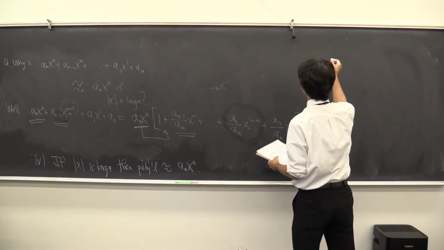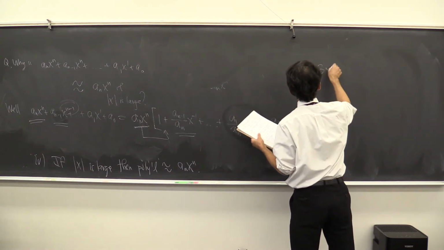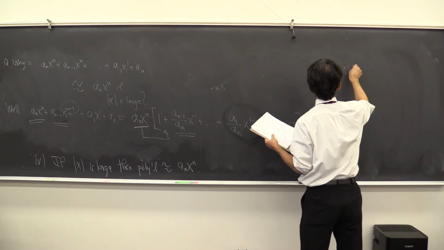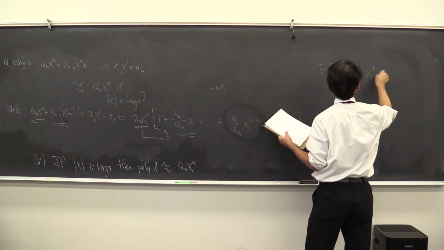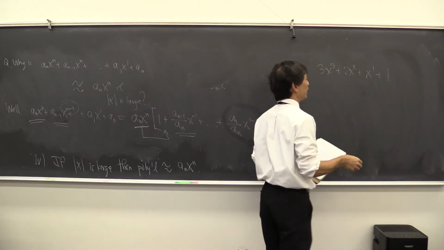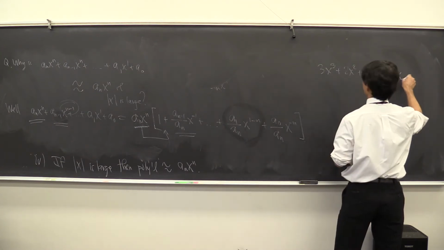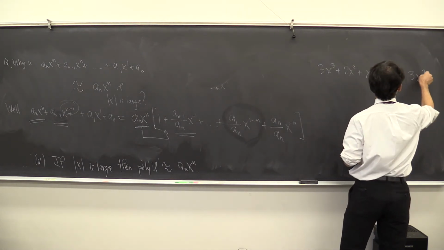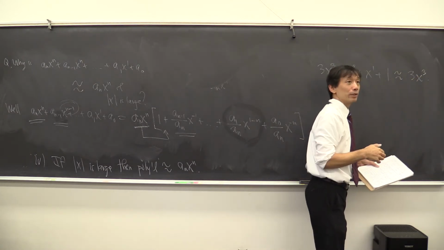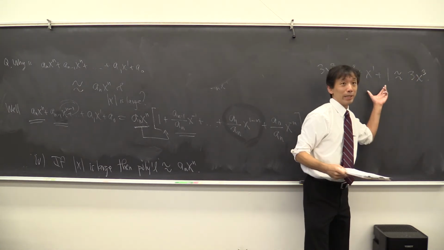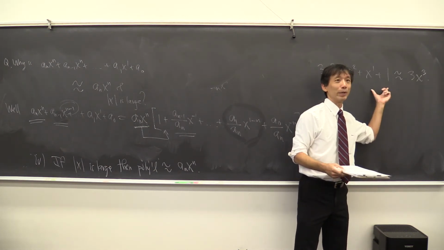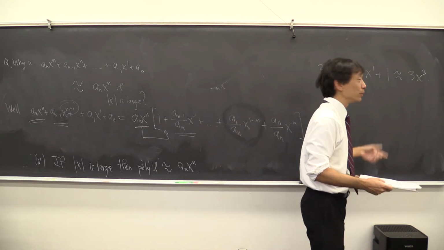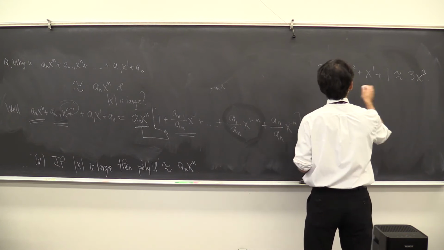So what we're saying is that if you have a polynomial 3x cubed plus 2x squared plus x to the 1 plus 1, say, this is basically going to be like 3x cubed when the absolute value of x is large. Yeah, this is actually really handy, right? If you don't understand something in the abstract, put some numbers in and make it concrete. That's a useful thing to do.